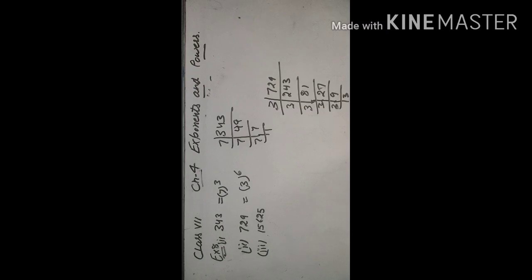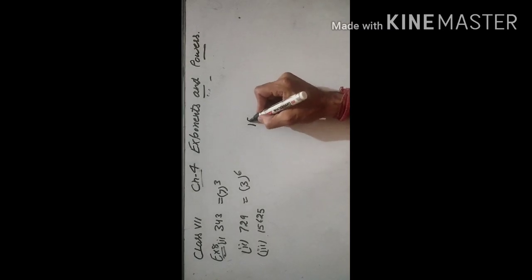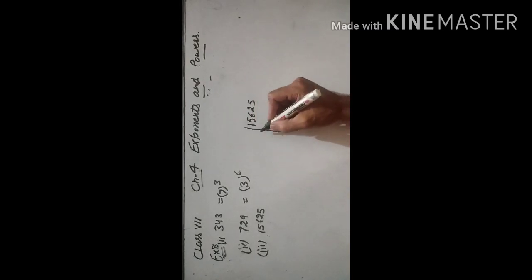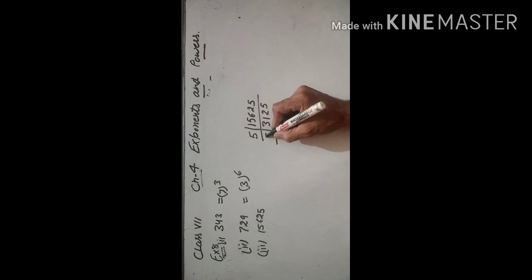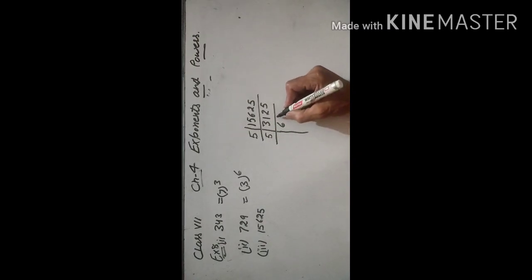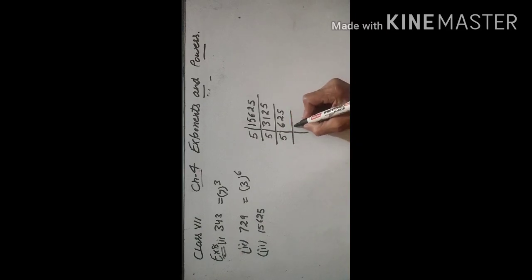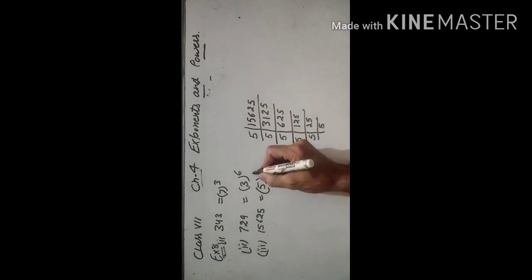Now prime factors of 15,625: 1 2 3 4 5 6, that is 5 to the power 6.